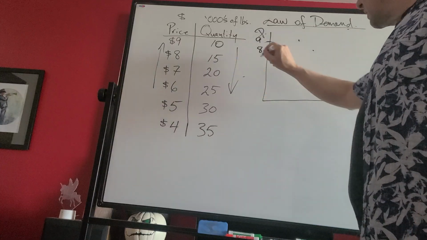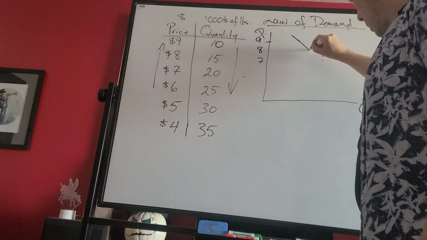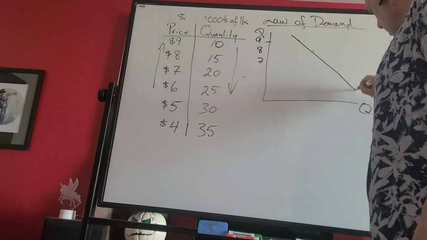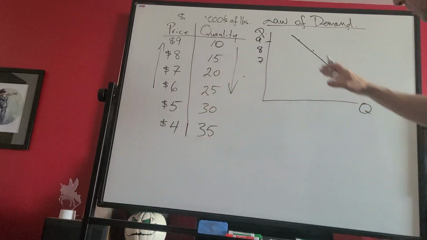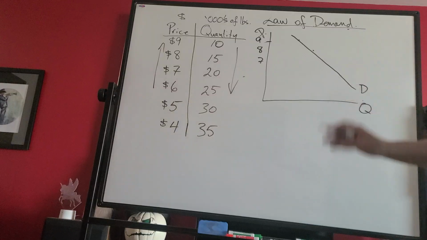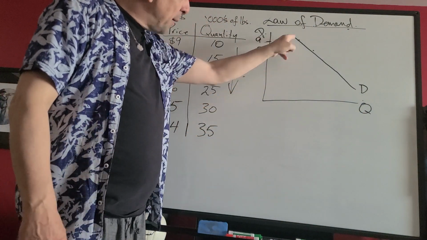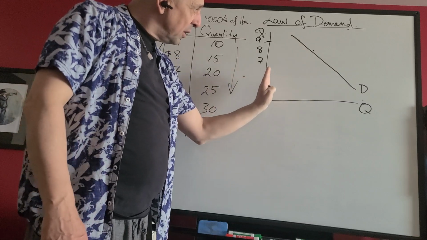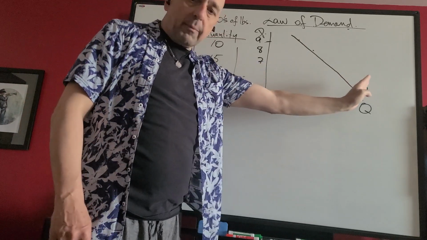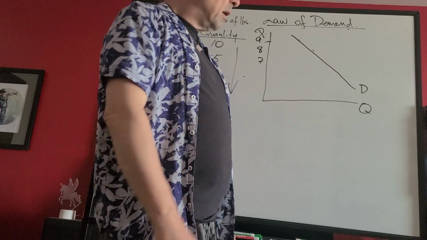At a price of $7, you have 20, and on, and you're going to form a curve that is going to look something like this. It's a downward sloping demand curve. That's what we call it, because at a high price we demand less. At a lower price we demand more. So we have that slope.